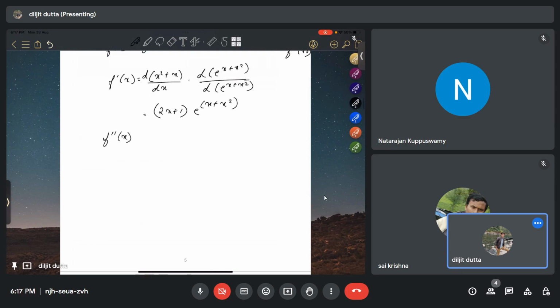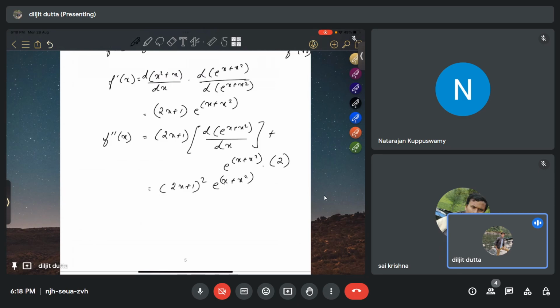F double dash x will be, so we'll have to do the differentiation by parts, so we'll be differentiating one by one. So first there will be 2x plus 1, we will take the differentiation of this. So 2 will be there. Differentiation of e to the power x plus x square by dx is again what we got in the first term.